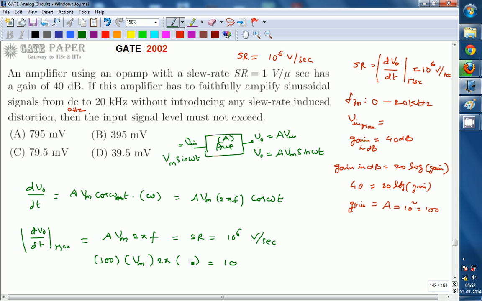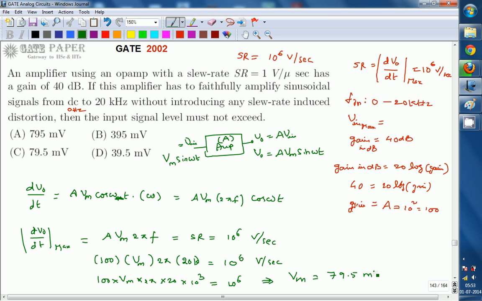If you go with f equal to 0, it may not pass higher frequencies, so you must go with the highest frequency possible, that is 20 kHz, which is 20 into 10 power 3. So 100 into Vm into 2 pi into 20 into 10 power 3 is equal to 10 power 6. From this you can calculate Vm, the maximum input signal amplitude to pass 20 kHz, which is 79.5 millivolts.